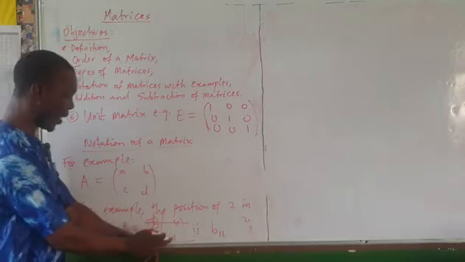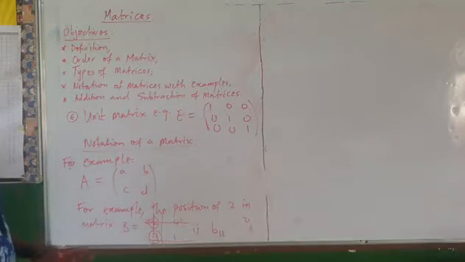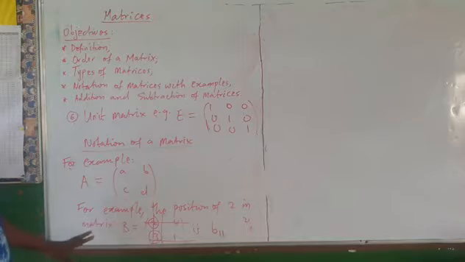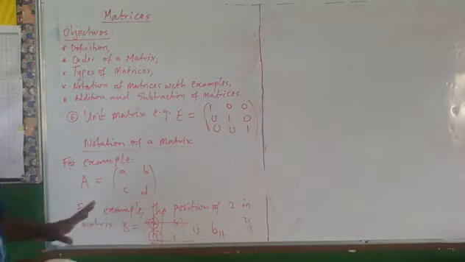The position of 1 in this matrix will be b22. So that explains notation of matrices with examples. That's how we denote the position of each of the elements in the given matrix.